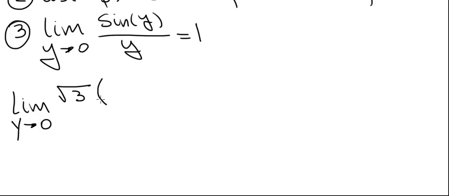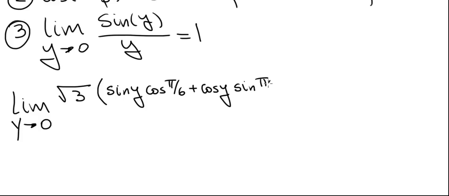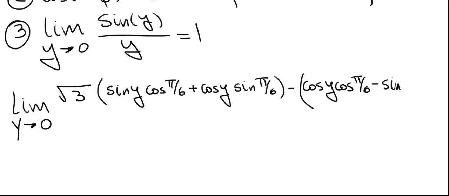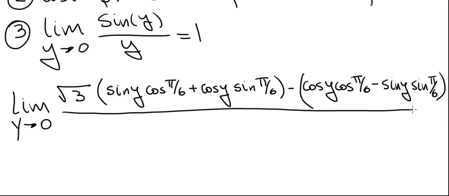We can now express this as sine of y cosine of pi over 6 plus cosine of y times sine of pi over 6, minus cosine of y cosine of pi over 6 minus sine y times the sine of pi over 6, and all this is divided by y.